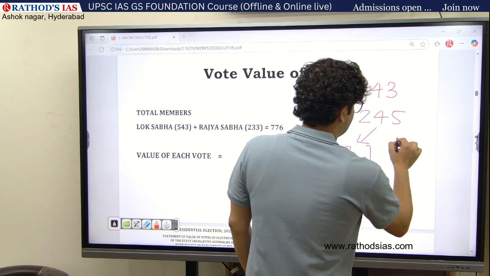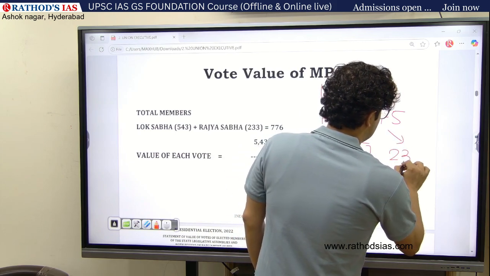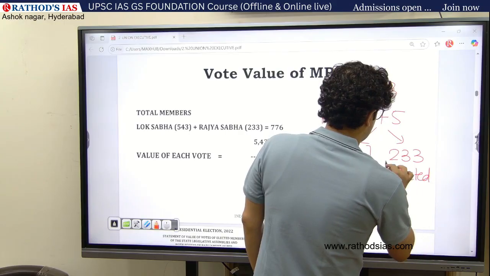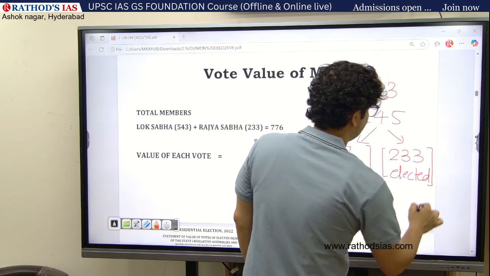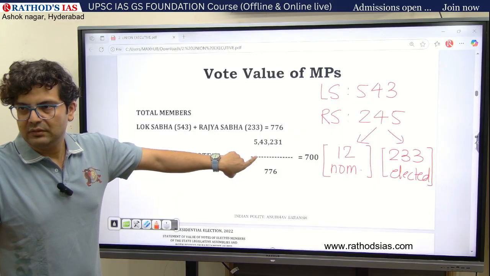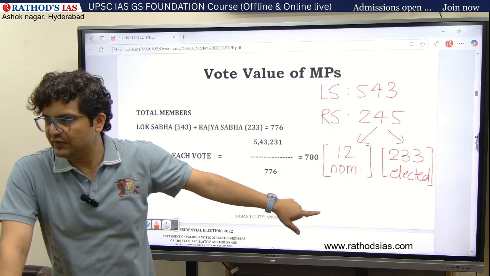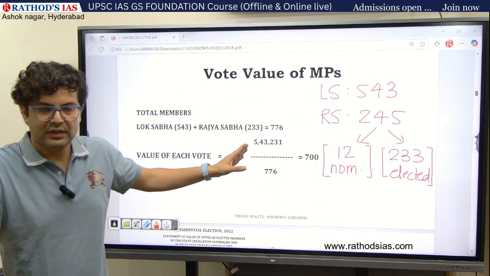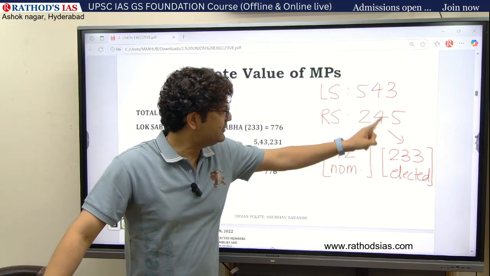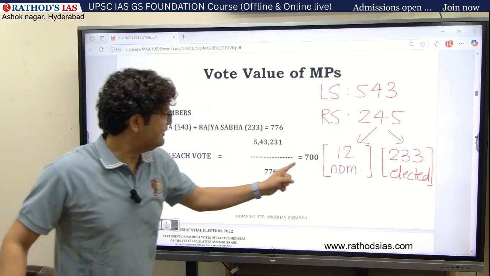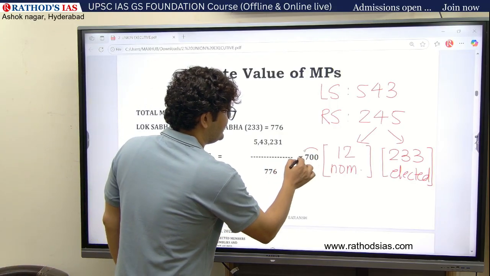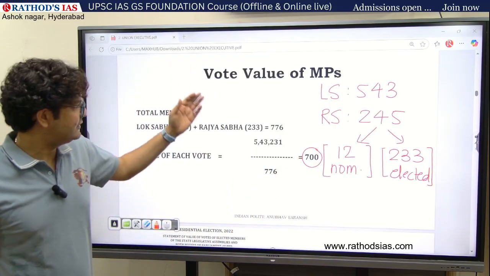So what remains? 233 who are elected. So the total vote value of all the MLAs, 5,43,000 something, is divided by 543 plus 233, which is how much? 776. So you get 700.